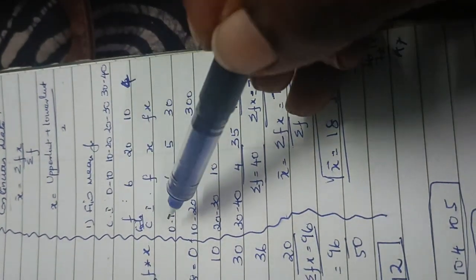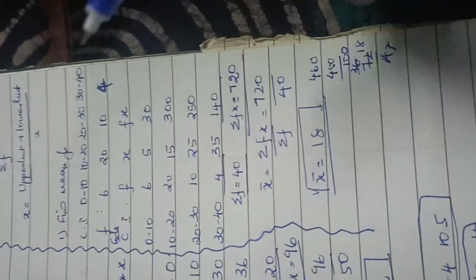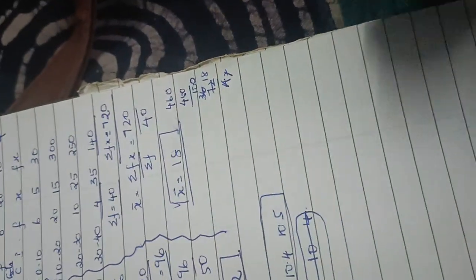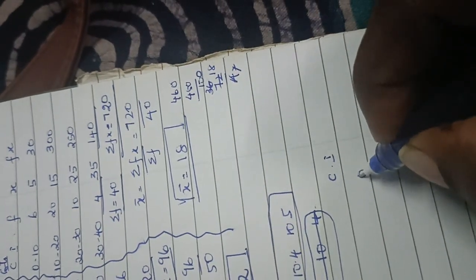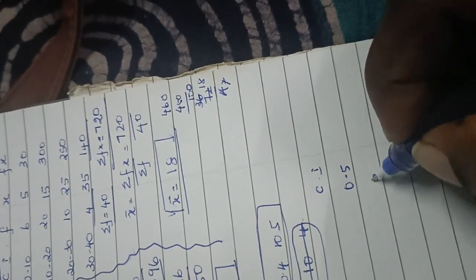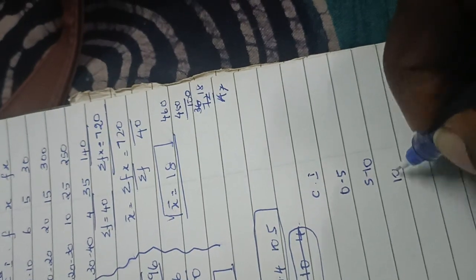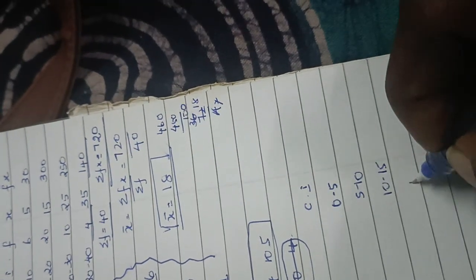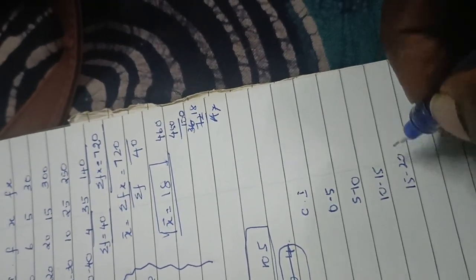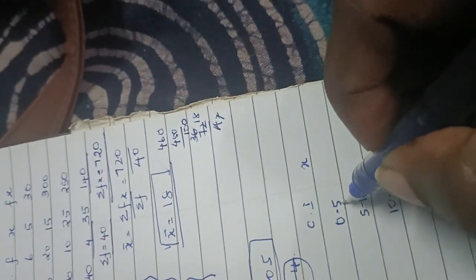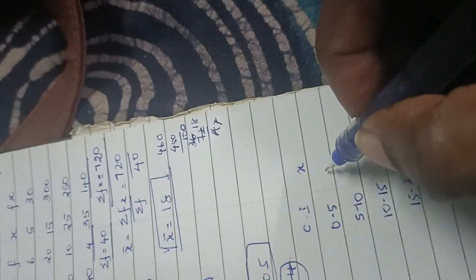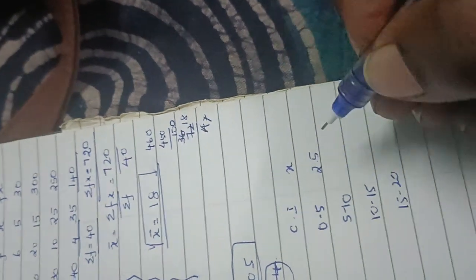So here we have to first find out the middle value. For example, if you check the question where your class interval is something like 0 to 5, 5 to 10, 10 to 15, and 15 to 20. Just an example, okay. Now what will x be? 0 plus 5 is 5, 5 divided by 2 is 2.5.